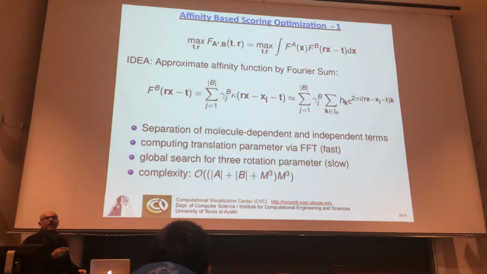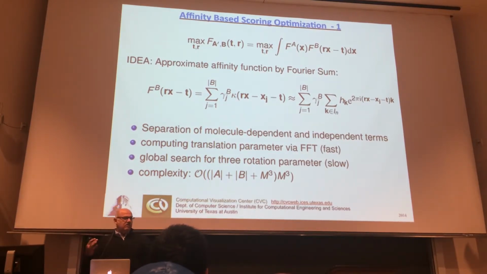We're saying, oh, but I know about the Fourier convolution theorem, so I can go back and approximate this by a Fourier sum and use discrete fast Fourier transforms. So I can reduce this complexity by an m cube. Why only m cube? The reason being, I have to choose now. Is my coordinates for my Fourier transform the basis? Is it over translation space or rotation space?